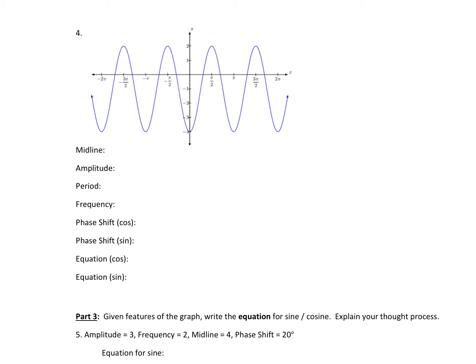In this video, we're going to be continuing what we did in our last video of identifying features as well as finally putting them into equations. So let's get started.